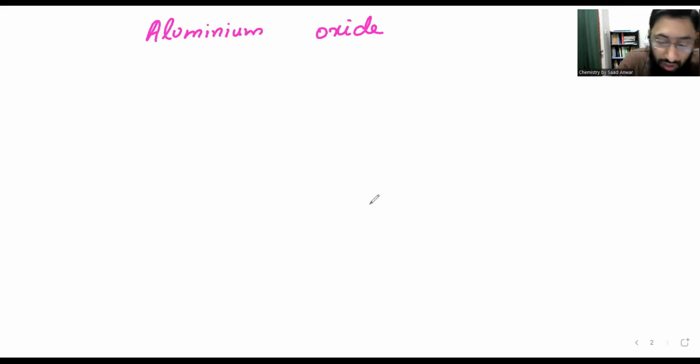Here, suppose I have to write aluminium oxide. So look in the periodic table to see which group aluminium belongs to, what the symbol of aluminium is, and what the charge on aluminium should be. Aluminium is in group 3.